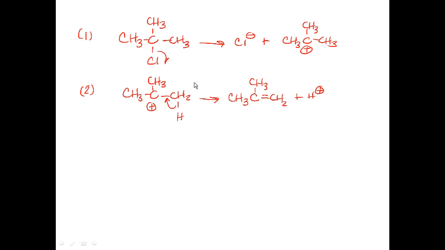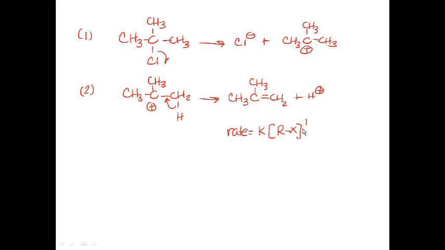Well, for unimolecular elimination, it turns out that the rate of this reaction is equal to k times the concentration of the alkyl halide raised to the first power. Okay, and actually, if you look at this molecule, there's only one molecule involved, and that's tertiary butyl chloride. So this again becomes a unimolecular reaction.